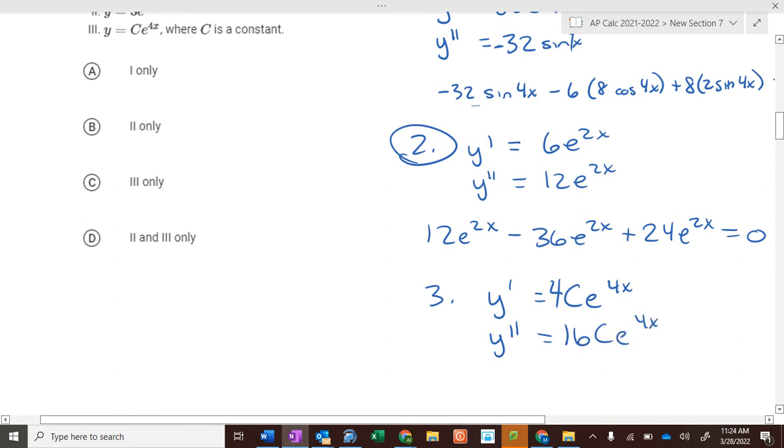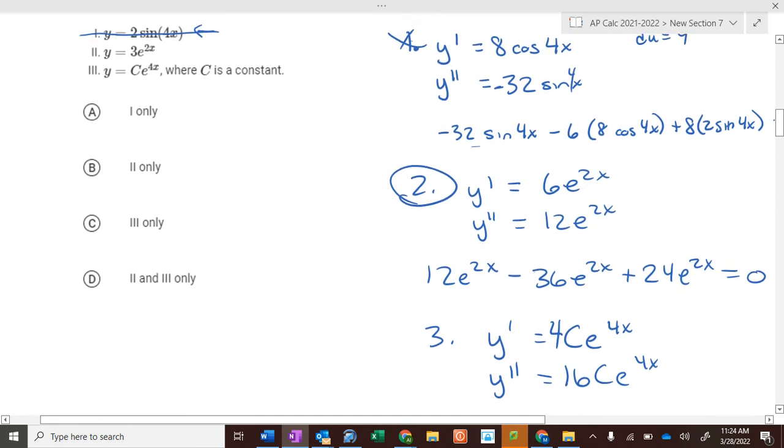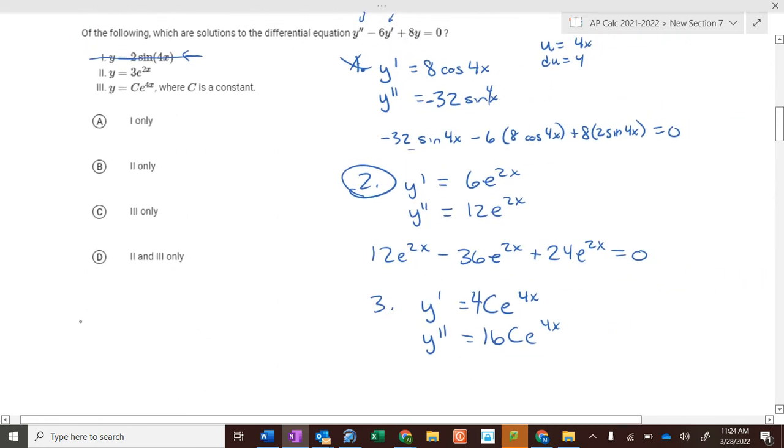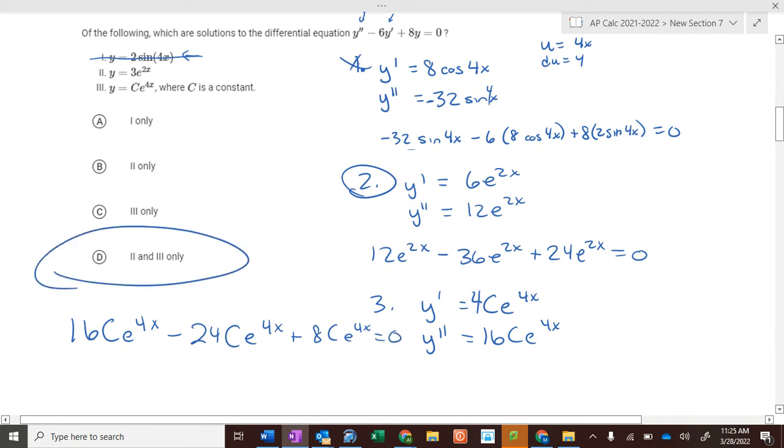So, going back to the problem, 16ce to the 4x minus 6 times that, which is minus 24ce to the 4x, plus 8 times the original, which is 8ce to the 4x. Does that equal 0? Yes, it is. So 2 and 3 only. So you will have one of those on the test. Trust me.